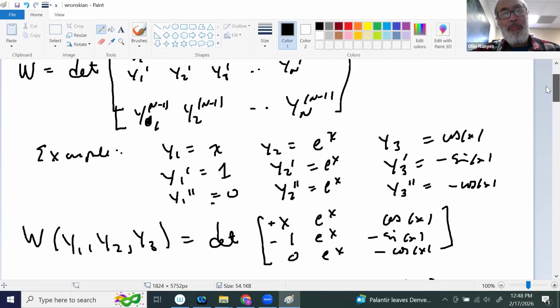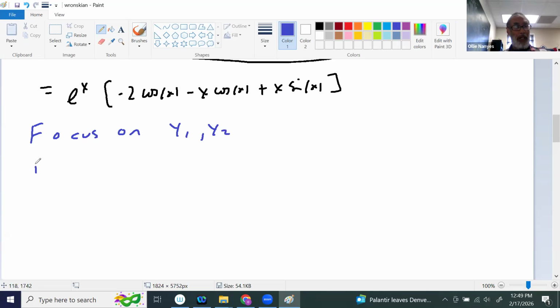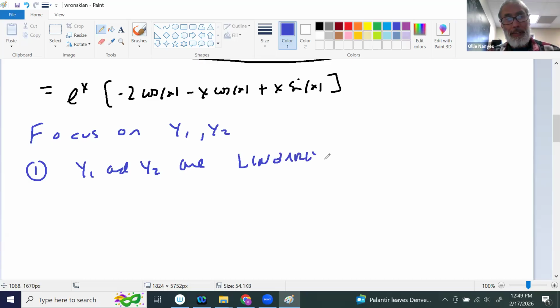Now, what we're going to talk about in terms of the Wronskian is this. Let's just focus on two functions. And what we're going to show is one, y1 and y2 are linearly independent, and we went over that in class.